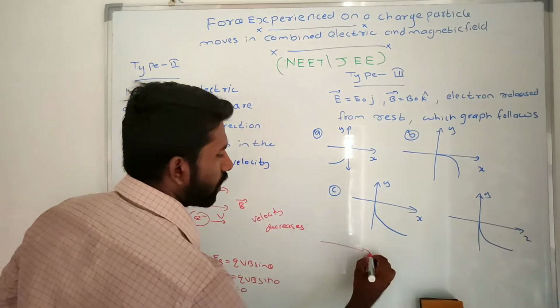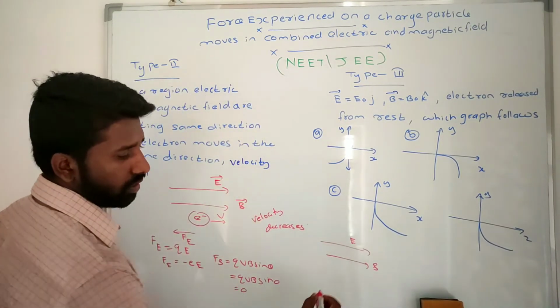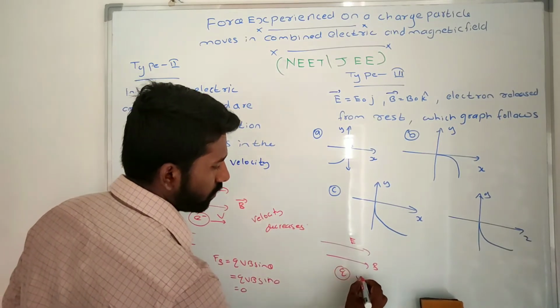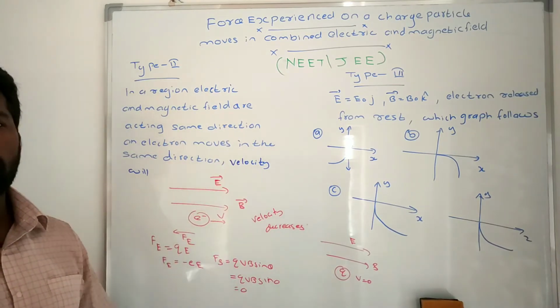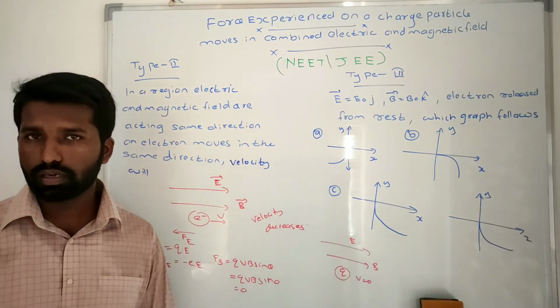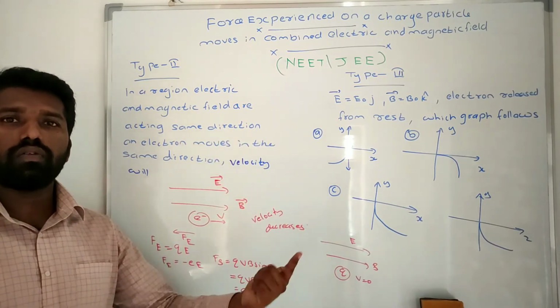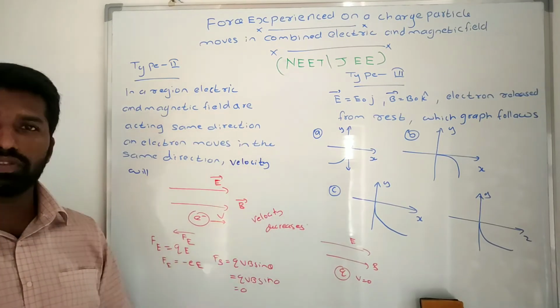This same type of problem may be asked in a different way. If the electric and magnetic fields are acting in the same direction and a charged particle is at rest, that is V is equal to 0, what is the path of the charged particle? Helical, straight, circular. They will give options like this. So how will you find it? In this case also, what force is acting?